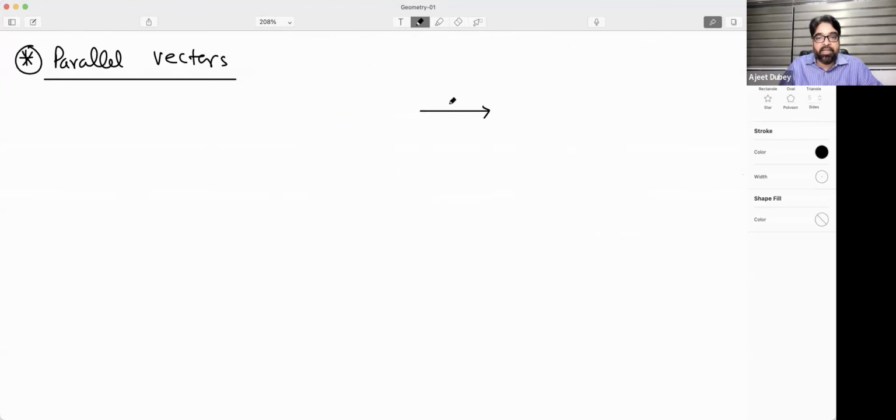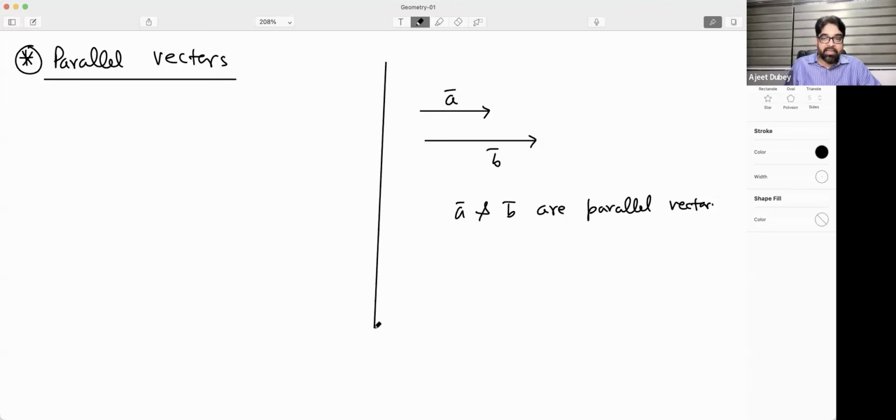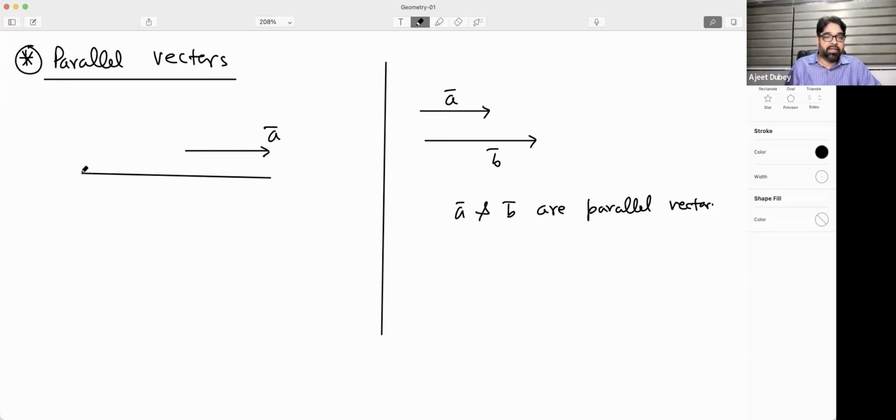Suppose this vector is A, and let's say this vector is B. So we will say A and B are parallel vectors. Be clear, parallel line and parallel vector are different. But imagine if I say this is the A vector, this is your B vector.